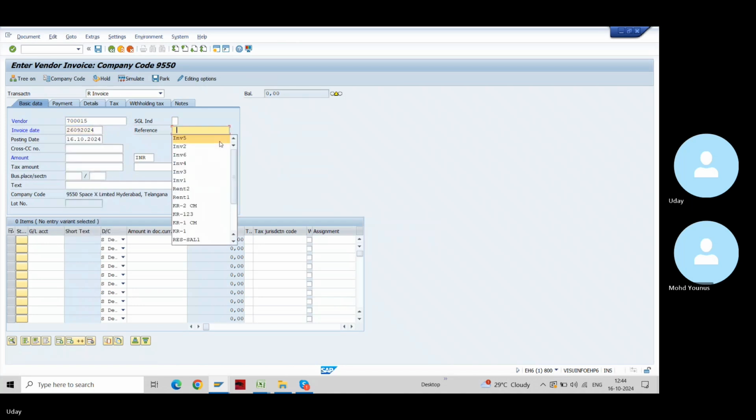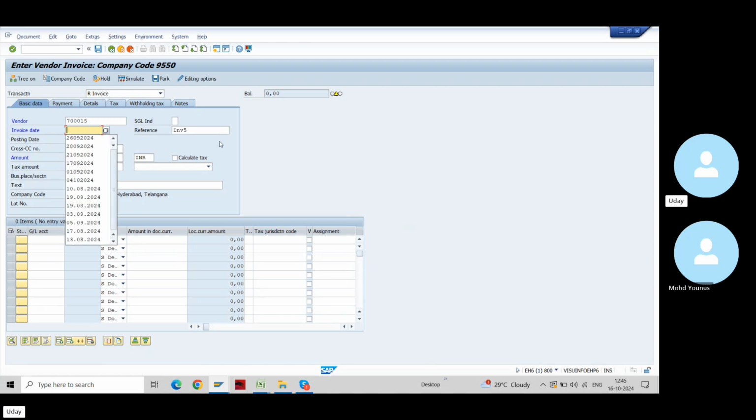I'm taking any vendor, and the date as 13th October 2024. I'm using USD as the currency. I'm not taking any GST and withholding on this entry.